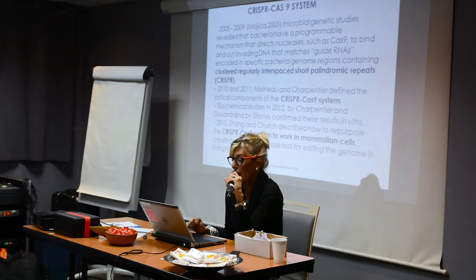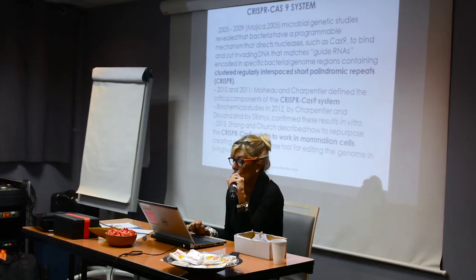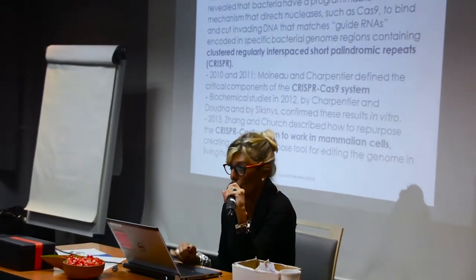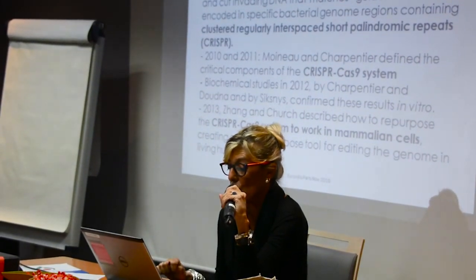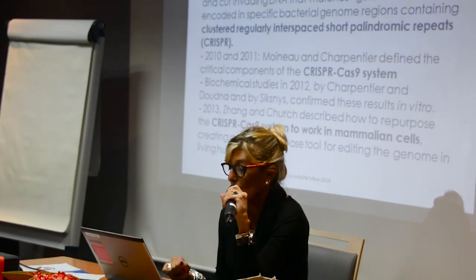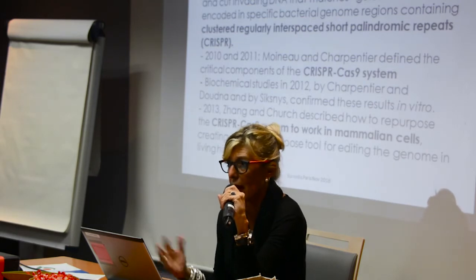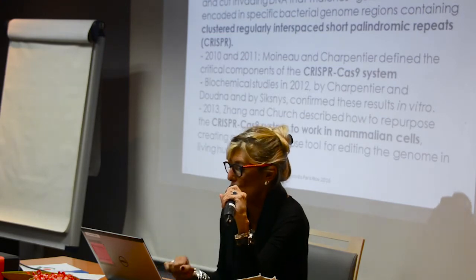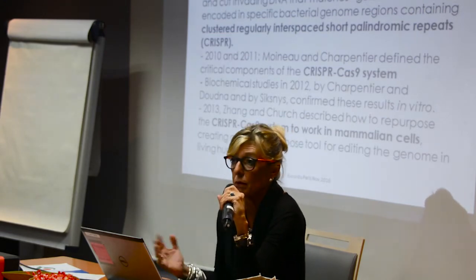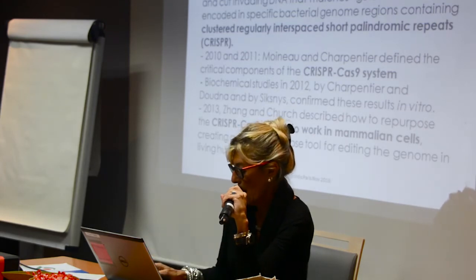Later on, different groups, like the group of Moineau and Charpentier, described and defined the critical components of the system. And it was later on that Charpentier, Doudna, and Siksnys confirmed the results that were made by these previous researchers. And it was in 2013 that Zhang and Church described how this system could be used in mammalian cells, and this is one of the first examples on how this technique has been incorporated in many mammalian cells.